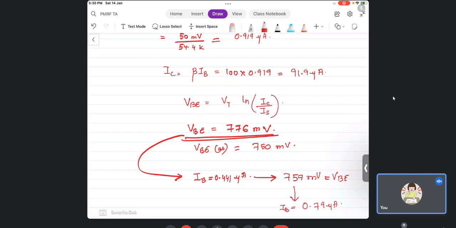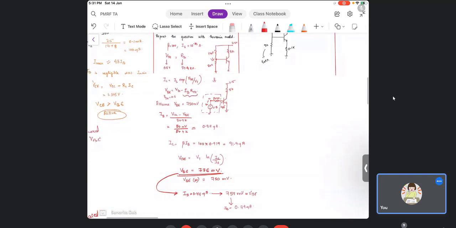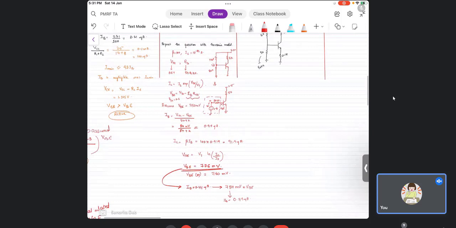And therefore I am saying that if the resistor's value increases by 1%, the collector current increases by 36%, and the circuit might be out of the active region. Okay, so please make a note of this.